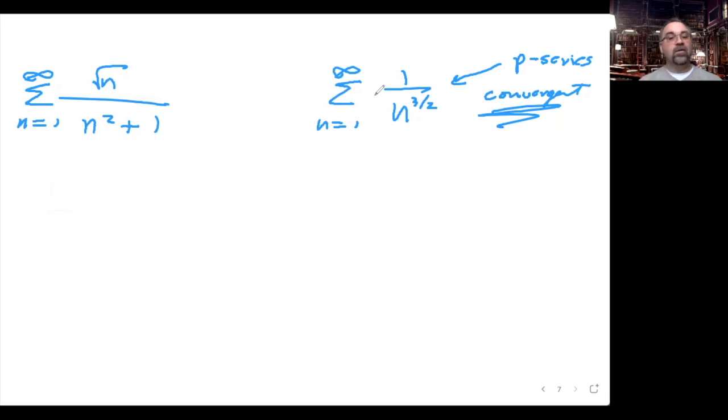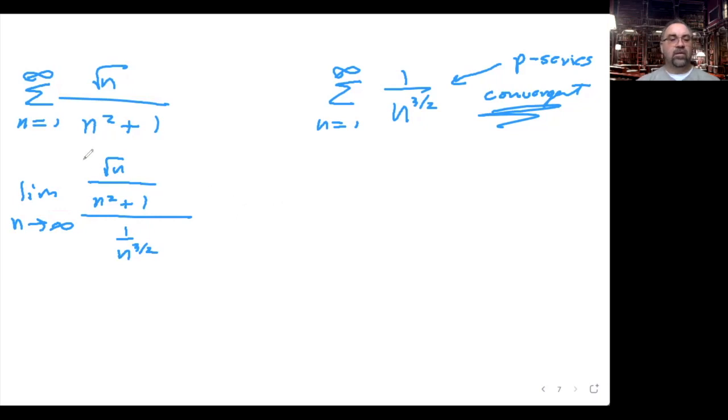Now, direct comparison would be a possibility, but I've got that square root of n in the numerator, and I really don't like the looks of that. So what I'm going to do instead is say that they'll both have the same convergence or divergence behavior if I look at the limit as n approaches infinity. I'll take my first series and divide by my next series.